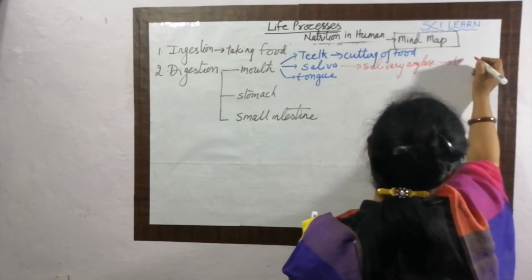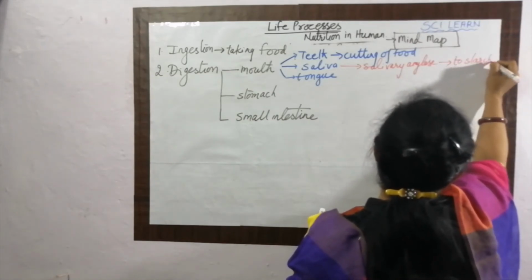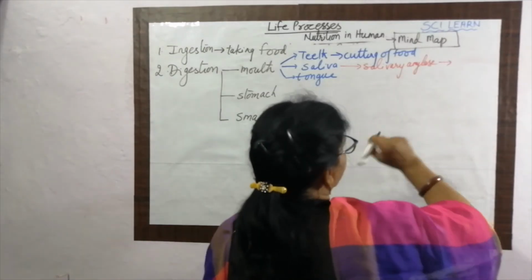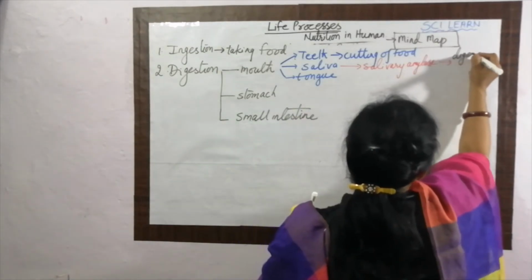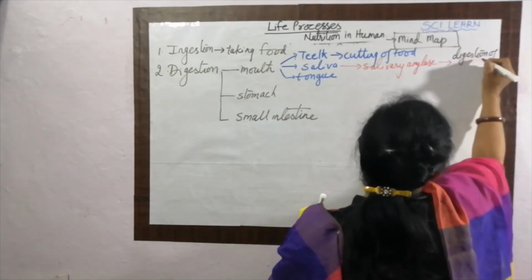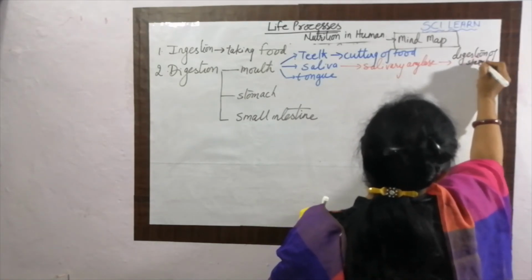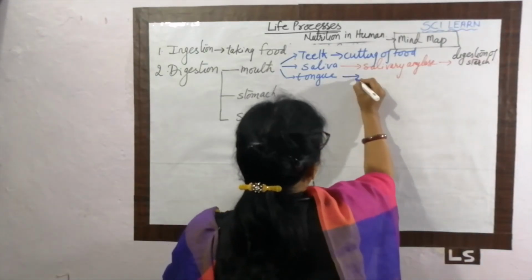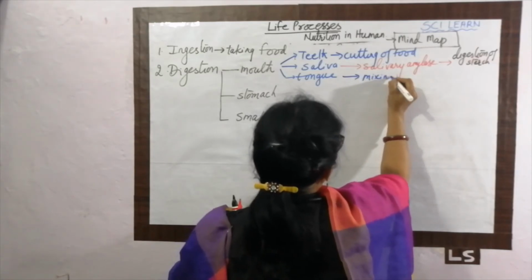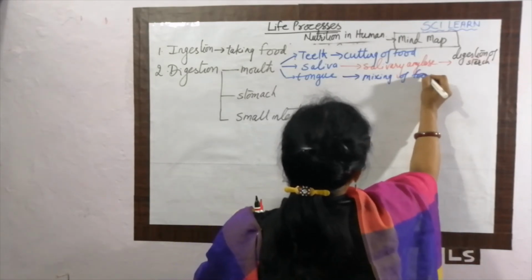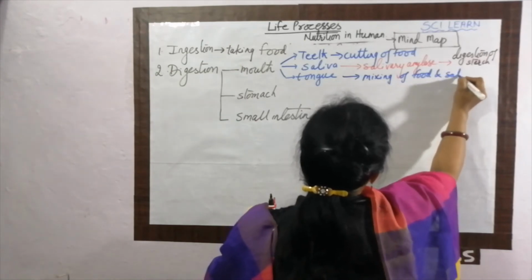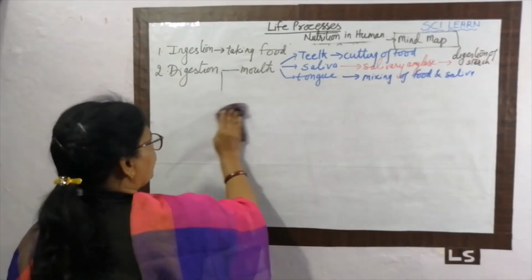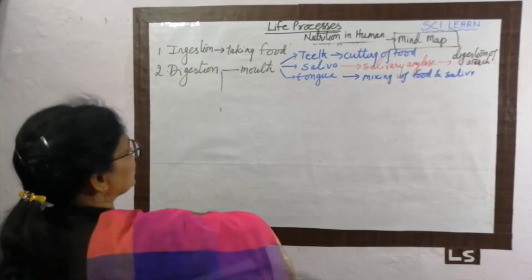To digest starch, the digestion of starch or carbohydrate. Okay. What is the role of the tongue? The role of the tongue is mixing of food and saliva.